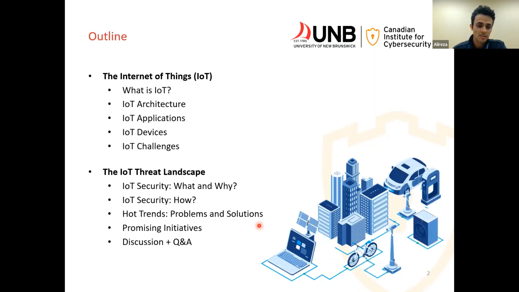And then I'll discuss some hot trends, basically hot problems and solutions that are being discussed in the literature. And then I will introduce two promising initiatives in IoT. And then in the end, we can have a discussion and Q&A if you want.